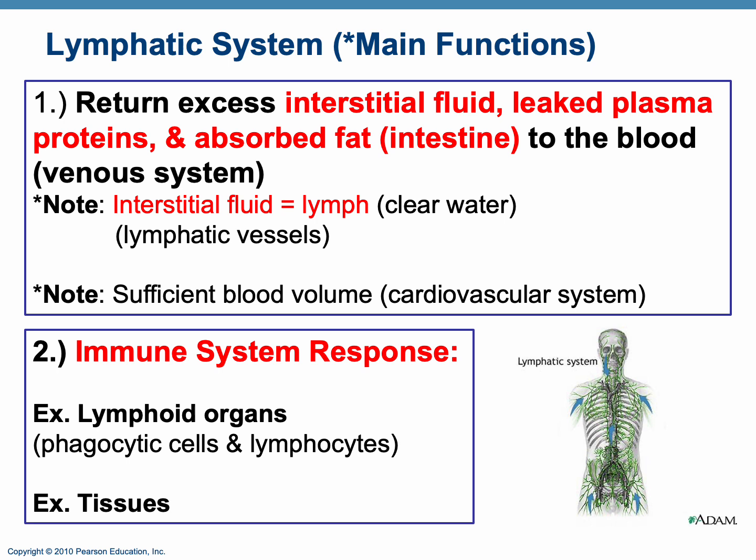All right, so looking at some of the important functions of this lymphatic system. One is the fact that the lymphatic system is going to be returning excess interstitial fluid, leaky proteins, along with absorbed fat, believe it or not, ultimately to the venous system.